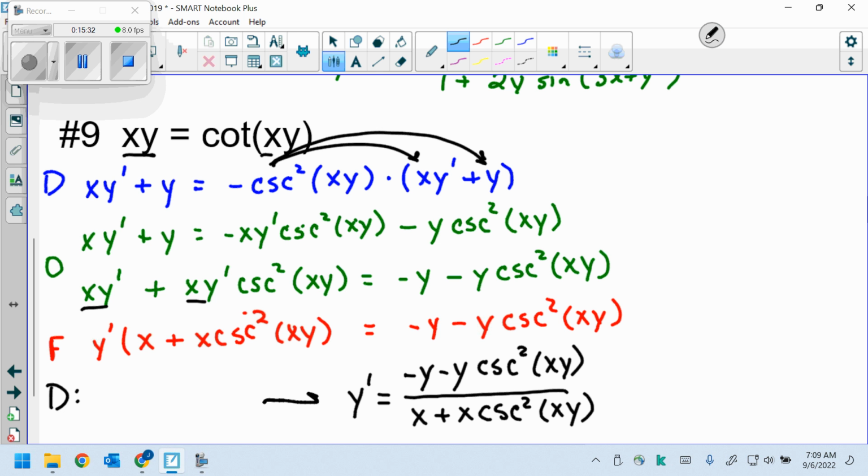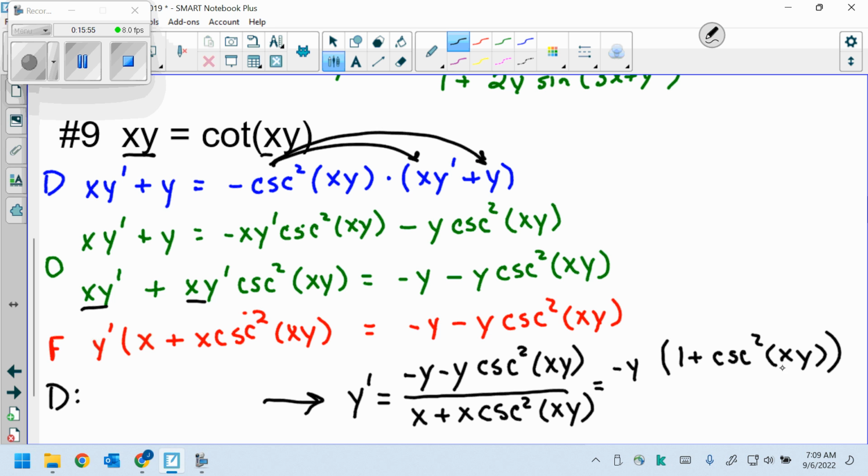Now, what's not so obvious here is that there is a common factor up on top. I could factor out negative y and call that negative y times 1 plus cosecant squared xy.